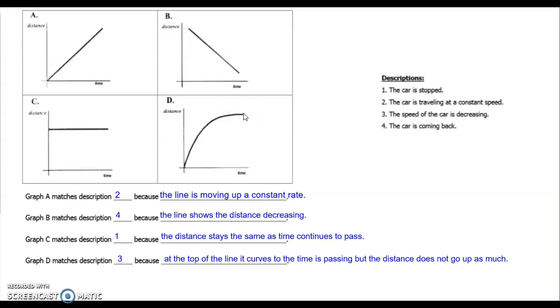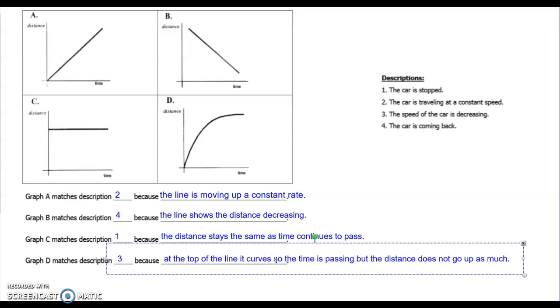So this would match 3, and this is because at the top of the line it curves so that time is passing, but the distance does not go up as much. And I made a typo there. There, we got it. Let's go to packet page 41.